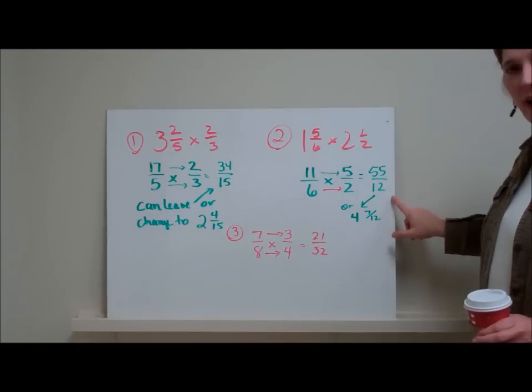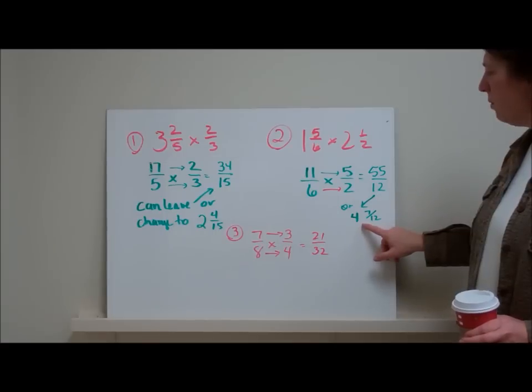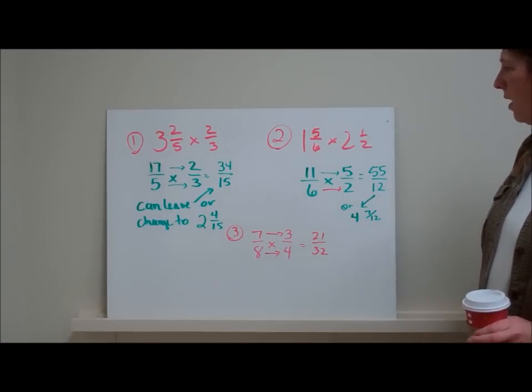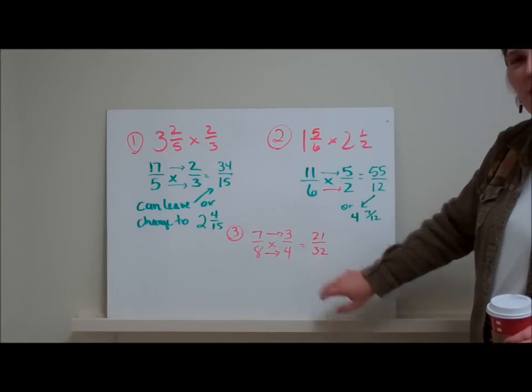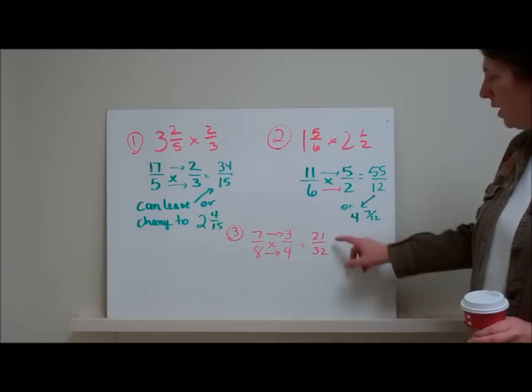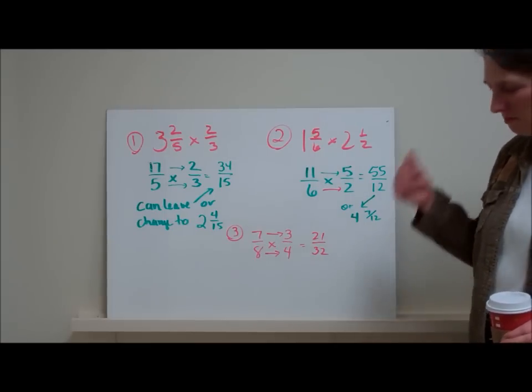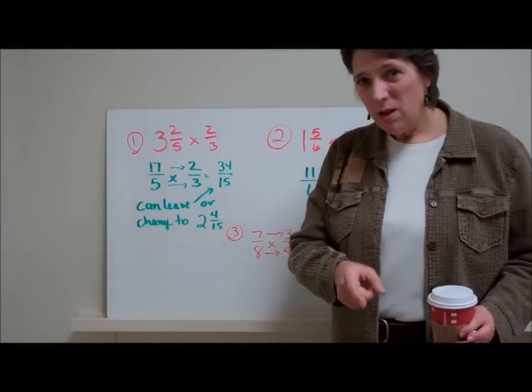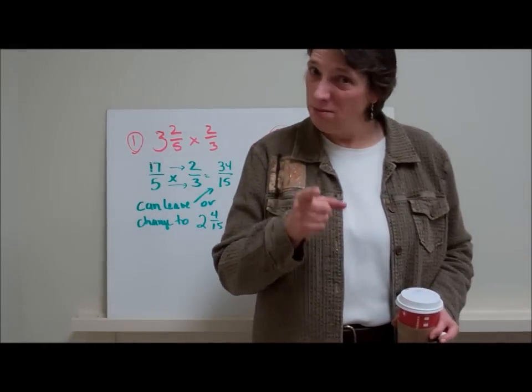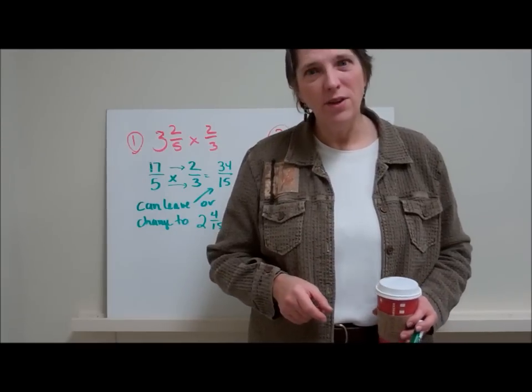That doesn't simplify. It looks like it should, but it doesn't. When you change it to a mixed number, it's 4 and 7/12. Did this look familiar? Yeah, that was the example we used earlier. But did you get it right? 21/32? Okay.